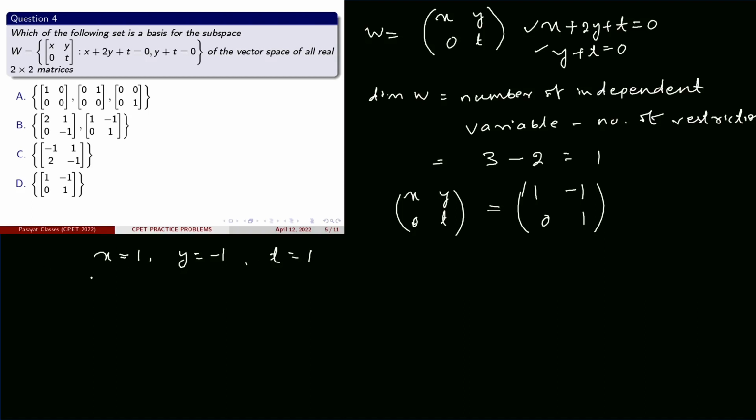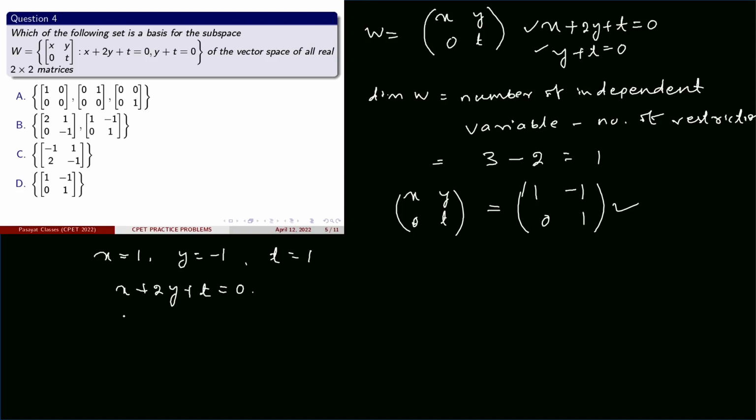And on putting these values in the restrictions, we get x plus 2y plus t equal to 0. If this gives us the value 0, then we say that this is the solution, or this forms a basis.